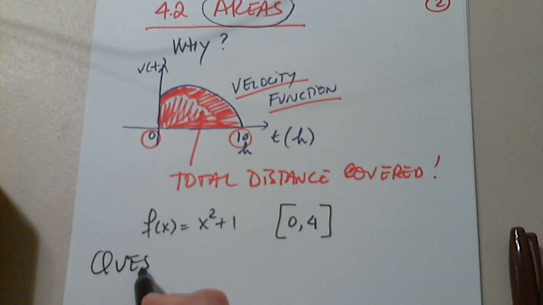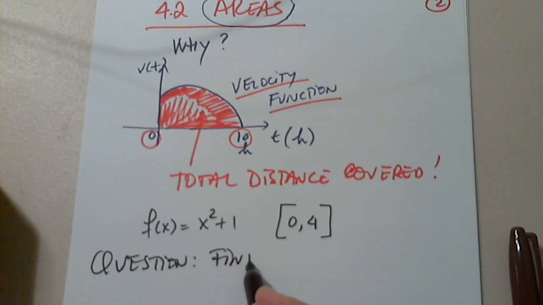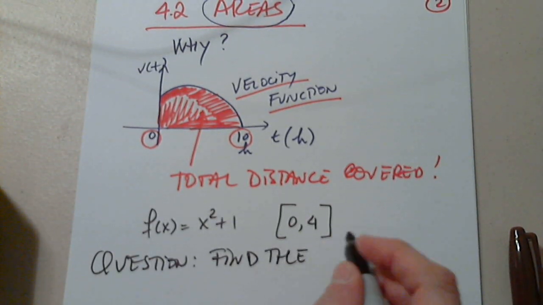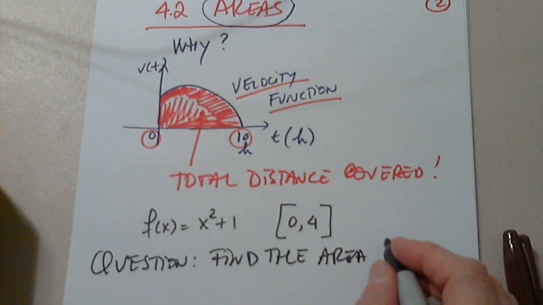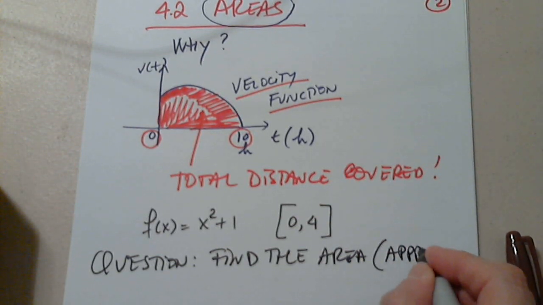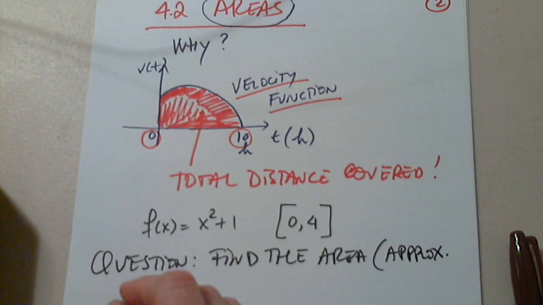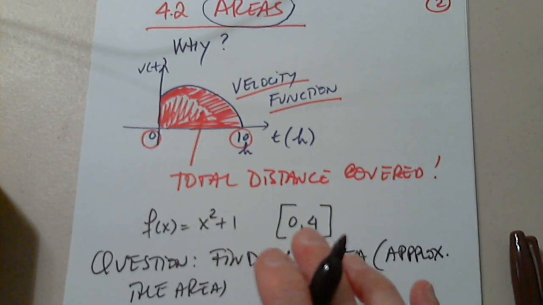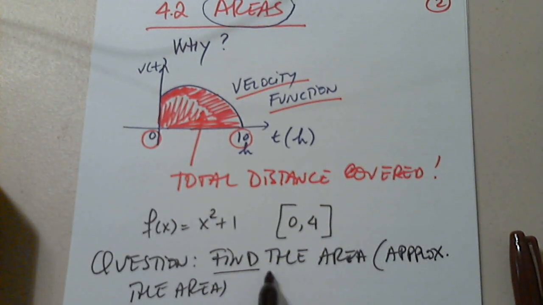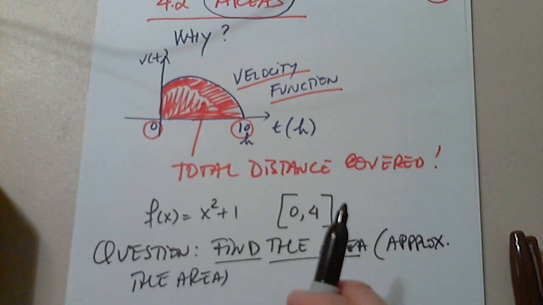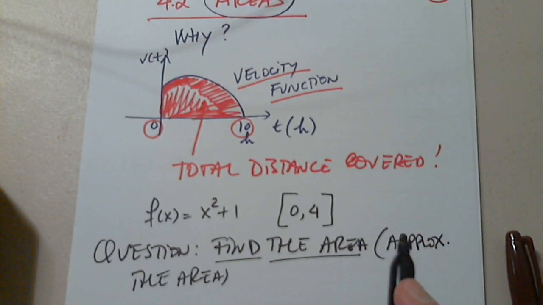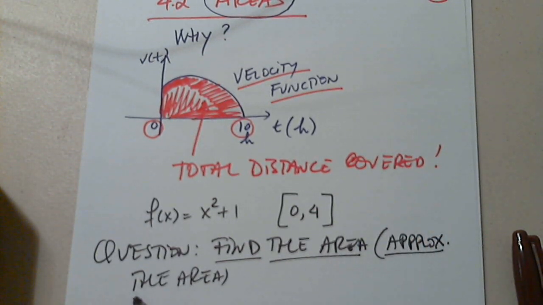Question: find the area. I'm going to write in parentheses, approximate the area, because right now we cannot find the exact area. We will in the next probably half an hour. But right now, we can only approximate the area.